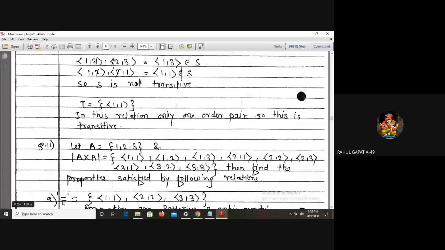Yes, reflexive. Why? Ordered pairs 1, 1, 2, 2, and 3, 3 are present. Yes, because 1, 1, 2, 2 and 3, 3 are present in the given relation. That's why this is reflexive.